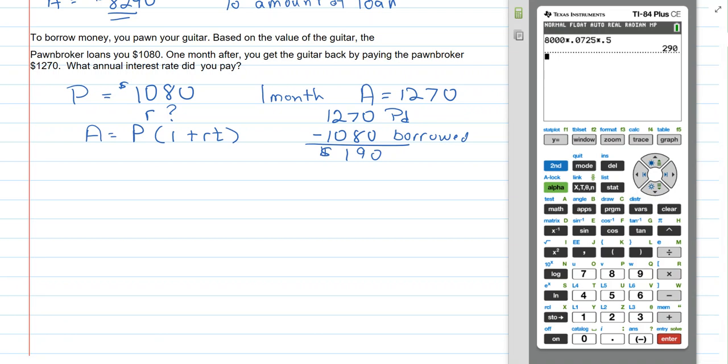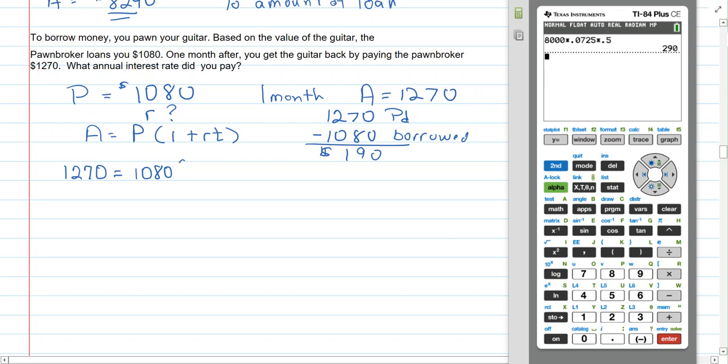So we already know the I, but we're going to use this formula and we'll use the other one as well. So we know the future value was $1,270. The principal was $1,080, and we're talking 1 plus. We don't know the rate, but we do know how long, which was 1 out of 12.